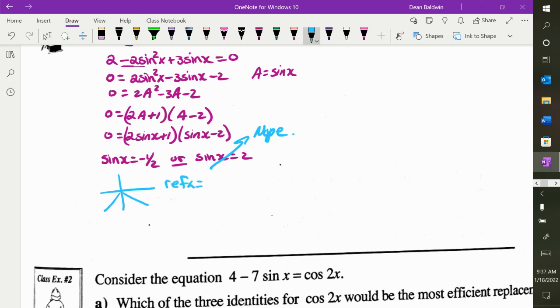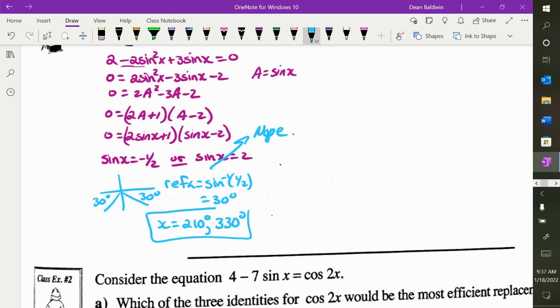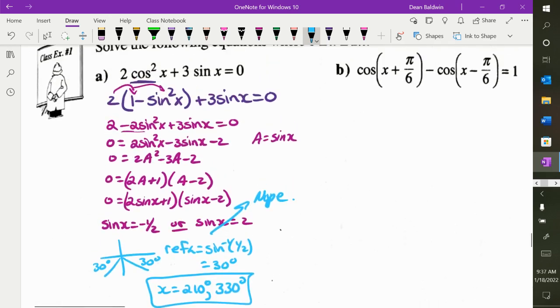Your reference angle is 30. So x is equal to 210 and 330. Wow. I think they want us to do it in rads, don't they?